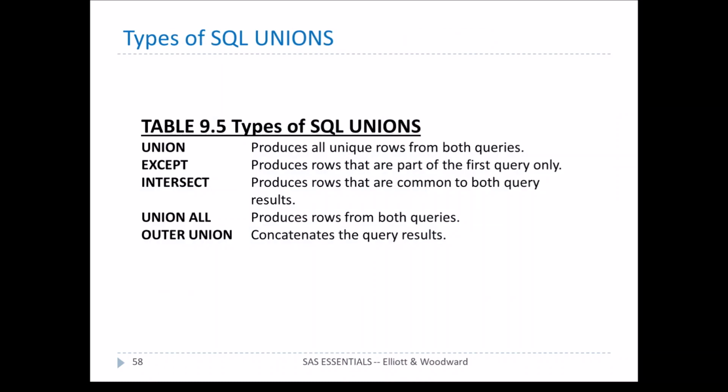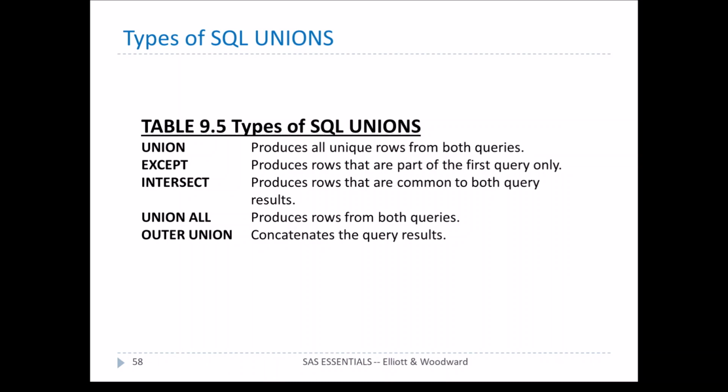Now there are various different kinds of SQL unions, and we're not going to have examples of all of these, but you can play with them and see what they do, or look in the text and it explains it in more detail. But we have the union, which we saw, produces all unique rows for both queries. So that's why the 006 was not in there twice, because it only produces the unique rows.